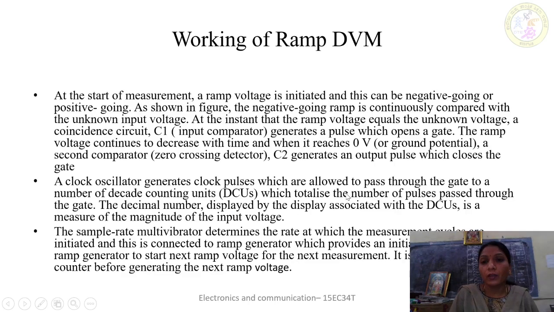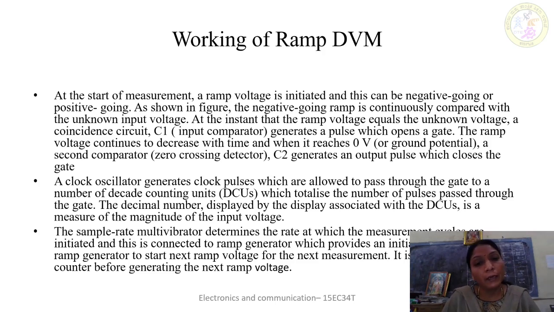So here, see once again, a clock oscillator generates clock pulses which are allowed to pass through the gate to a number of decade counting units, which totalize the number of pulses passed through the gate. The decimal number displayed by the display associated with the DCU is a measure of the magnitude of the input voltage.